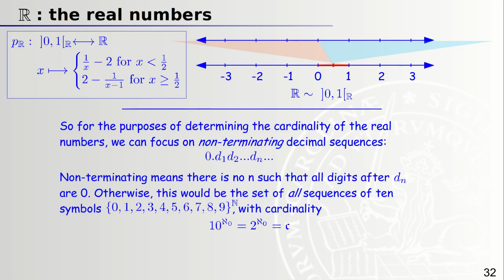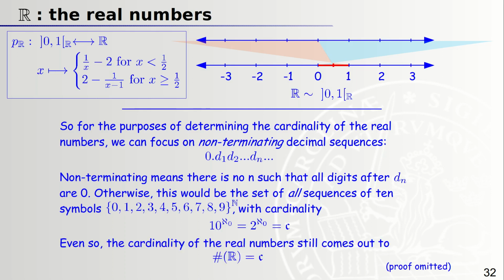The one thing we need to ensure, however, is that we do not count numbers more than once. For real numbers that have two equivalent forms, for example 0.5 and 0.49 repeating, we need to drop one of them. In this case, the terminating one, 0.5, that ends with infinitely many zeros. This makes the proof technically slightly cumbersome, but as it turns out, the real numbers still end up with cardinality C.